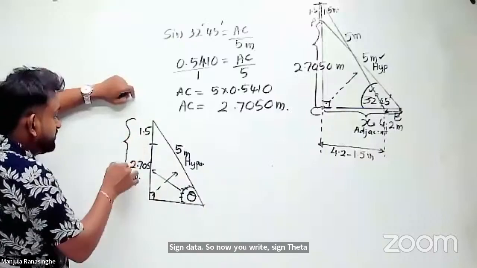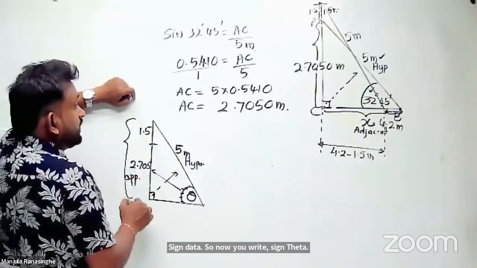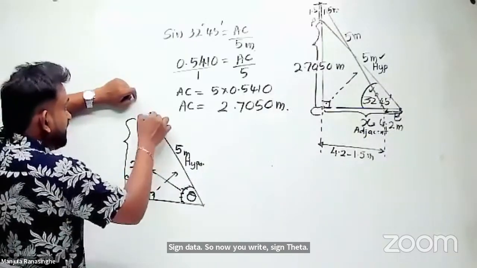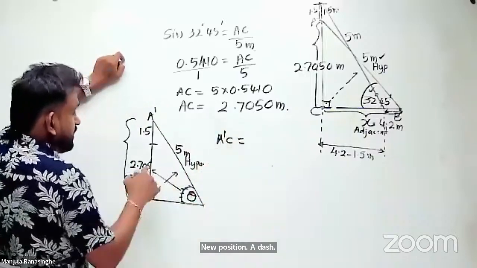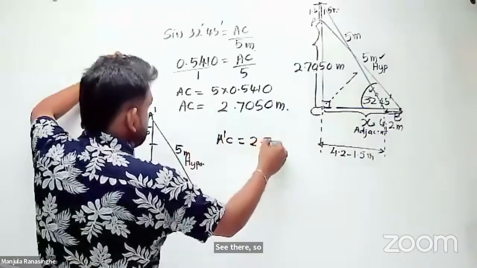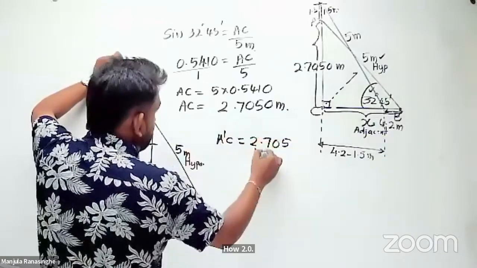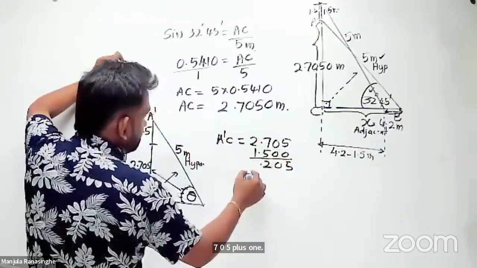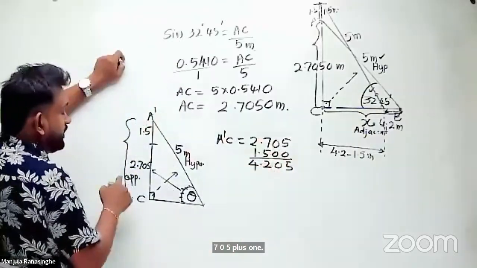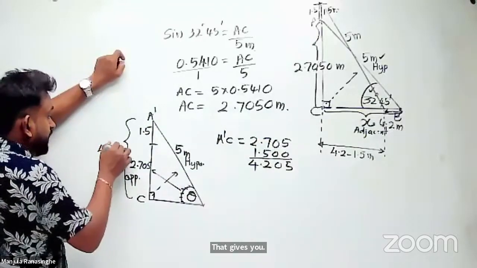First, add these two side lengths together to take the new position A dash C there. So find A dash C length. How? 2.705 plus 1.5 length. That gives you 4.205 length. Now it is 4.205.